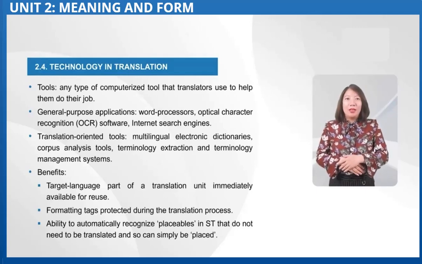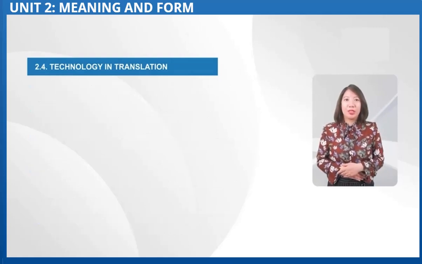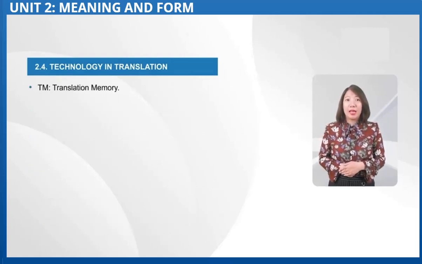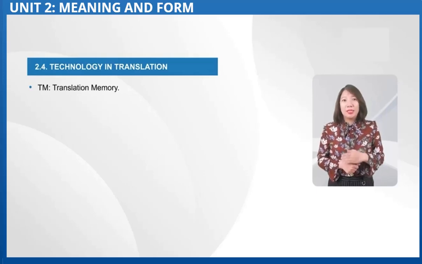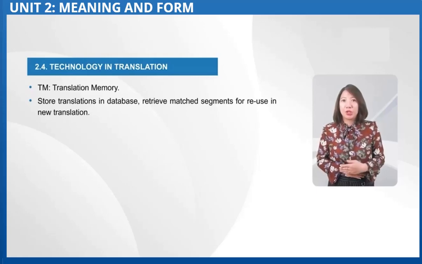Alright, now let's talk about a common tool of translation technology, that is translation memory, which is abbreviated as TM. This tool stores translation in the database, and retrieves the matched segments for reuse in new translation. So how does it work?